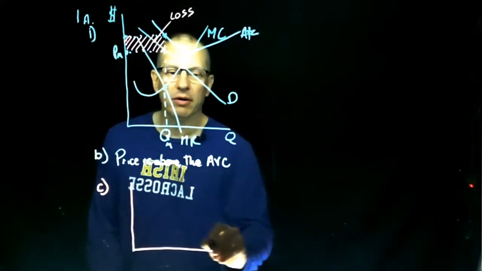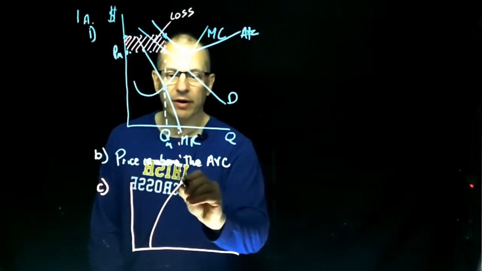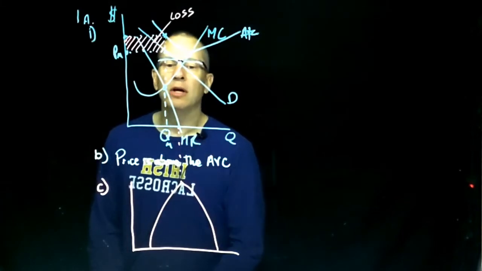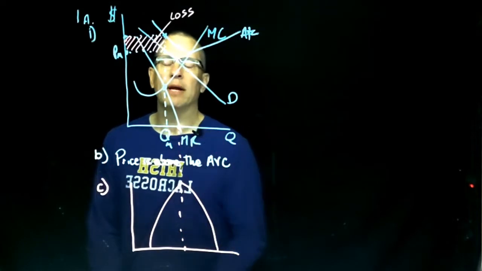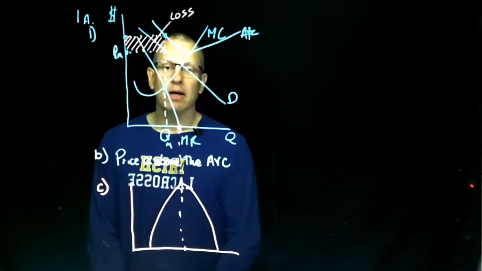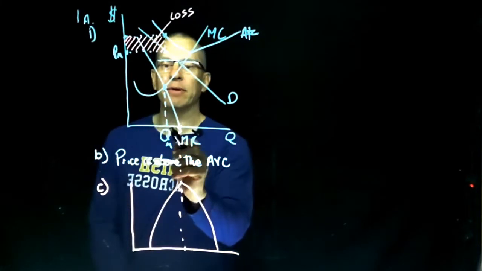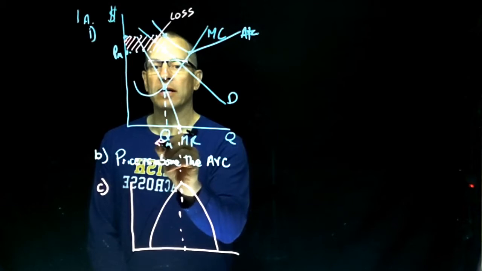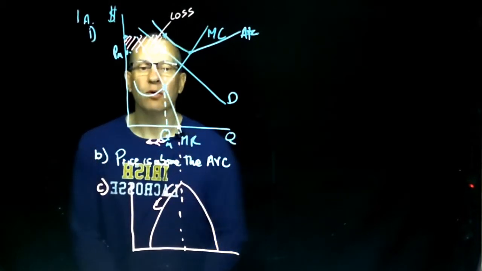And remember, when MR is 0, that's our peak revenue. Everything to the left of that, if we were to move this quantity down, we would see a decrease in total revenue.